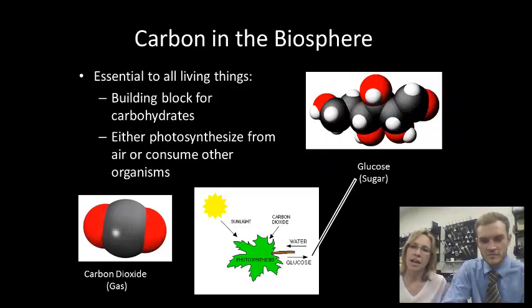And once that sugar molecule is in there, it provides energy for the plant. Now, other animals can consume either the plants or they can consume other animals that have carbon within their bodies. And carbon is moving from one organism to another, and it can change forms within the body of the organisms as well.